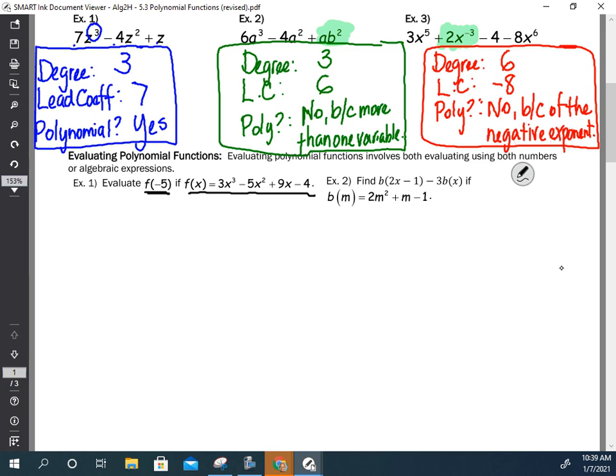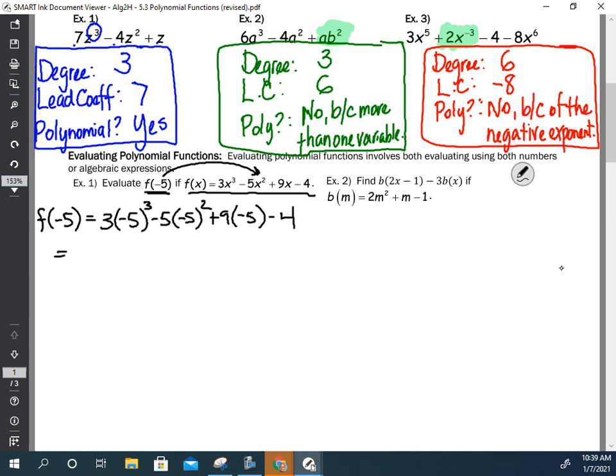So the -5 in parentheses means you plug in the -5. Plug in the -5 everywhere you see x. Where you see x, you plug in -5. And then we do our computation.